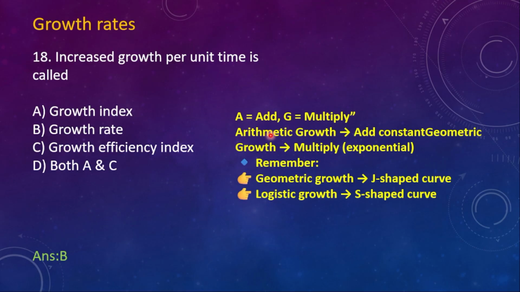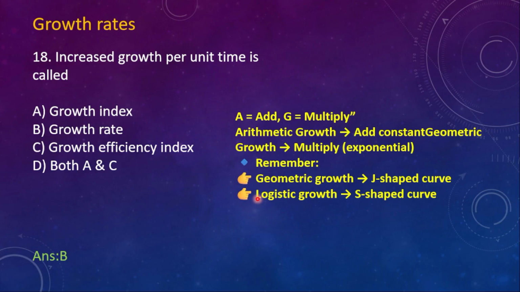Here next, growth rate is of two types. We can measure by two types, arithmetic growth and then geometric growth. Okay, arithmetic growth adds constantly, there will be only addition, but in the geometric growth there will be multiplication, exponentially it is going to be multiplied. How can you remember, geometric growth will be J shaped and then logistic growth will be S shaped, sigmoid shape, we can say lag, log, and then stationary phase.